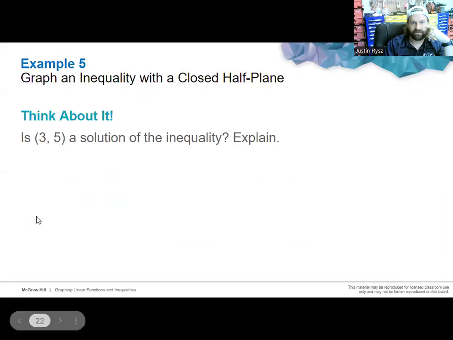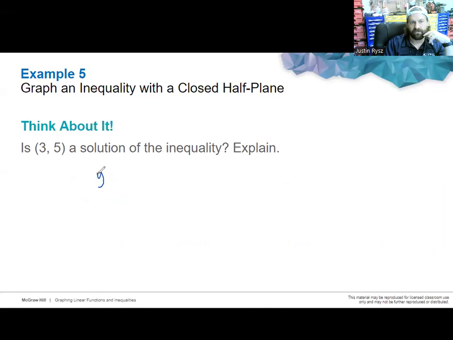Think about this here. Is 3, -5 a solution of the inequality? One way that we could check here is to take the y is less than or equal to 8/3 x minus 3 and plug in the values. Somebody maybe extra special decided instead of doing 0, 0, they want to plug this in. All we've got to check is, is 5 from the y less than or equal to 8/3 times 3 minus 3?